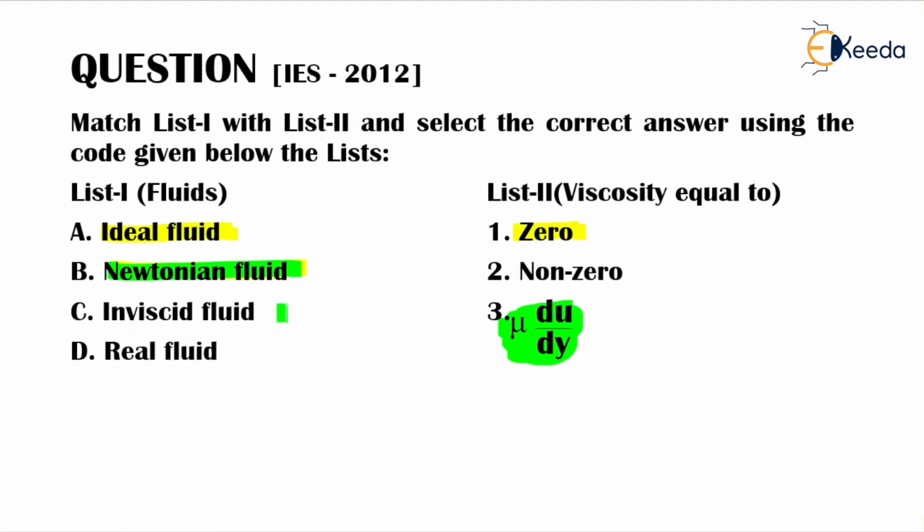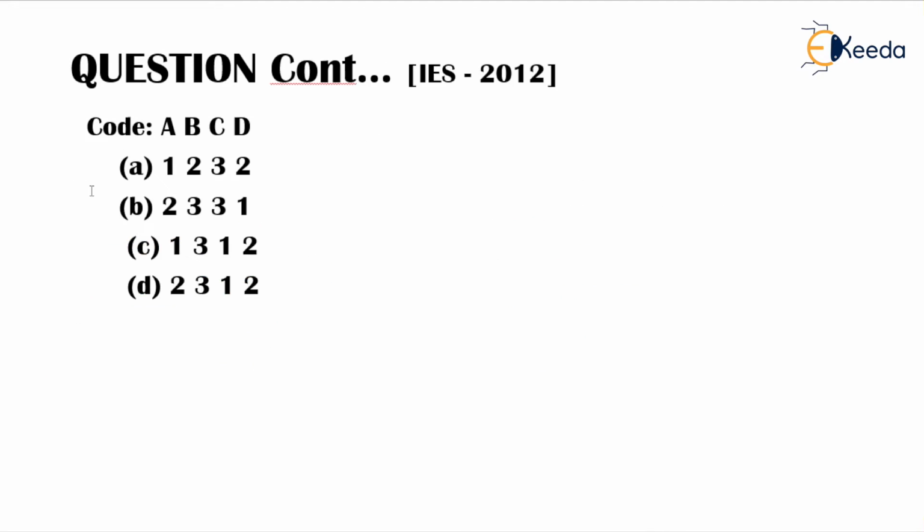Now, inviscid fluid is another fluid having zero viscosity, and the real fluid we can relate with non-zero viscosity. So that means our codes will be ideal fluid A1, B3, C1 and D2. 1312 will be the codes for us. So 1312 we are getting in option C. So this will be the correct option for us.